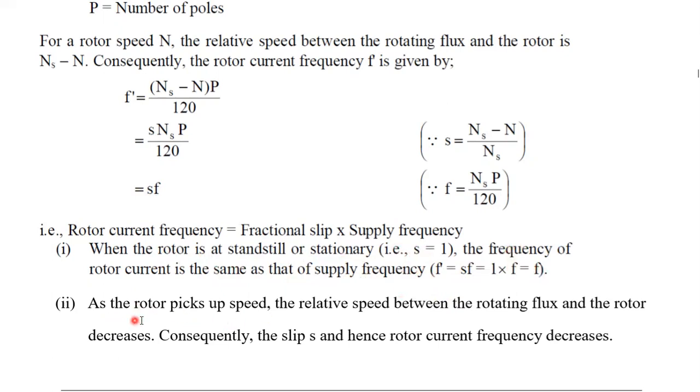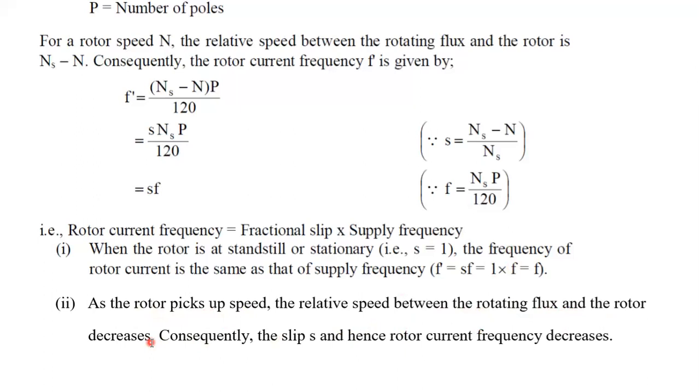Understood? As the rotor picks up speed, the relative speed between the rotating flux and the rotor decreases. The relative speed between the stator rotating magnetic field and the rotor is decreasing; that is, ns minus n is decreasing.